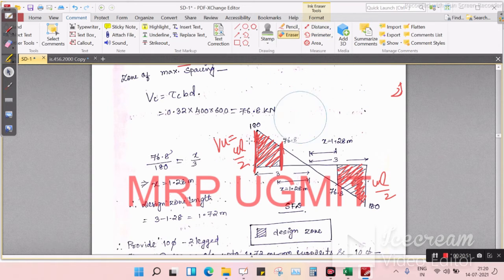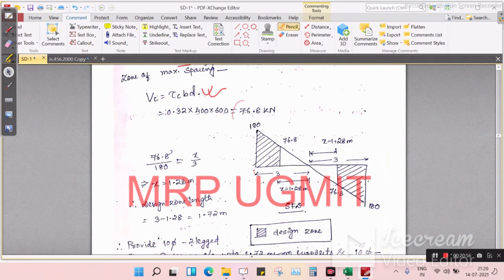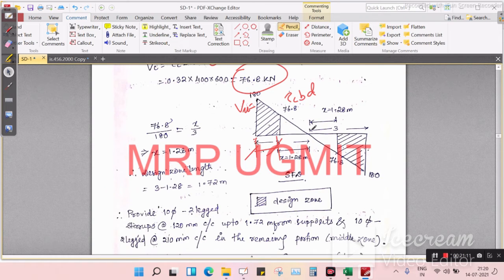So our tau cv d is 76.8. So Vu is 180. Tau cv d is 76.8. So we have to find out this distance, how much this is from our point O. Okay, so x total length is 3 meter.